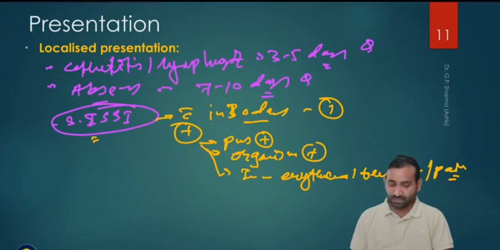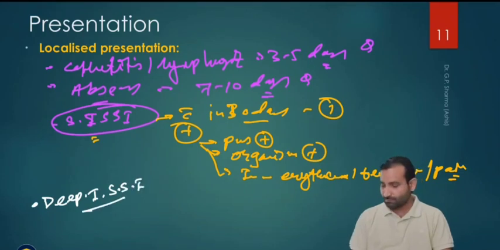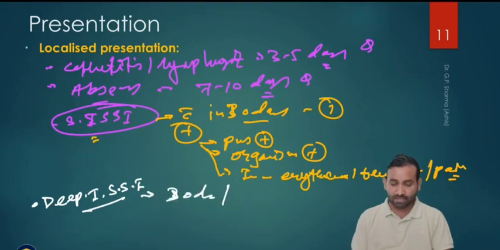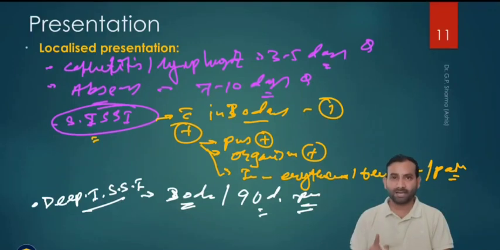Similarly, to say deep incisional surgical site infection, right? To say this one also, it should be within 30 days, or 90 days if a prosthesis is used, right? Without prosthesis, presentation should be within 30 days. With prosthesis, the presentation should be within 90 days, right?